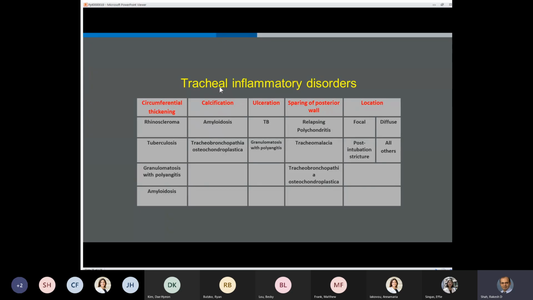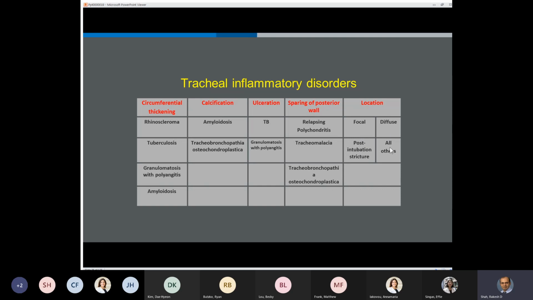So I've broken down the tracheal inflammatory disorders into this chart. The way I approach it is I look first at the location. If the location of the finding is at the thoracic inlet or very focal, then the classic diagnosis is going to be a post-intubation stricture, and I'll go over that.